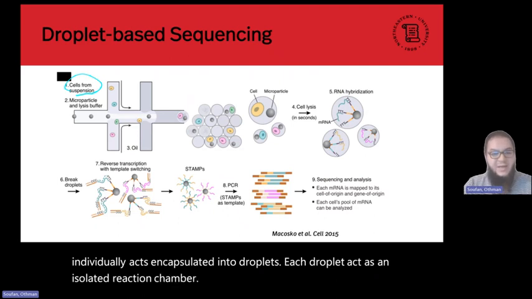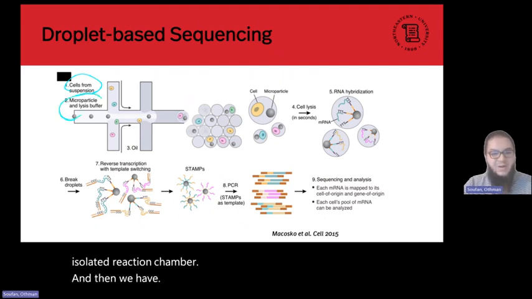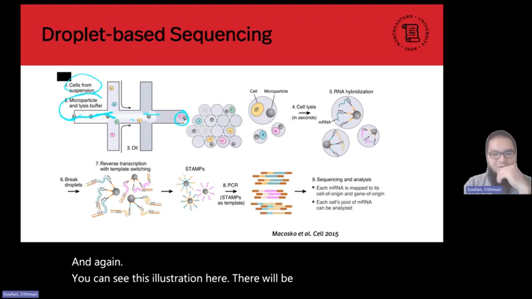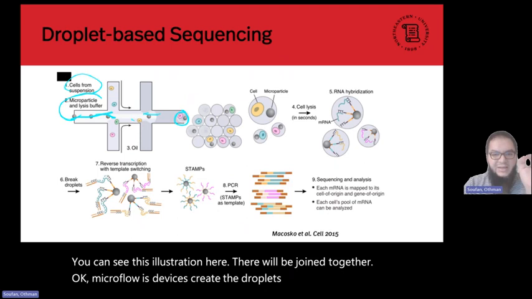And then we have microparticles that are coming from here. And again, you can see this illustration here. They'll be joined together, okay? Microfluidics devices create the droplets by combining a stream of what?